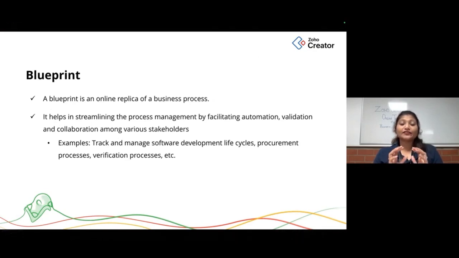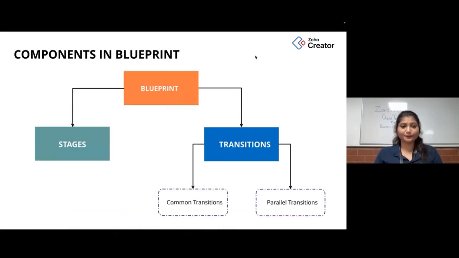It helps you streamline process management by facilitating automation, validation, and collaboration among various stakeholders. For example, you can track and manage a software development lifecycle, and you can also track the procurement process and verification process. All of this can be tracked internally within your application. That is something we call the blueprint.